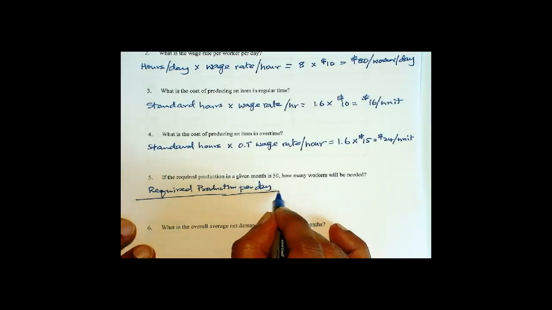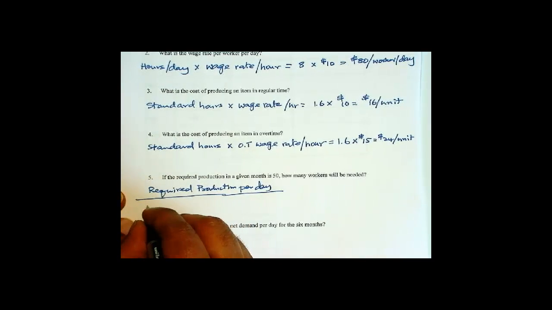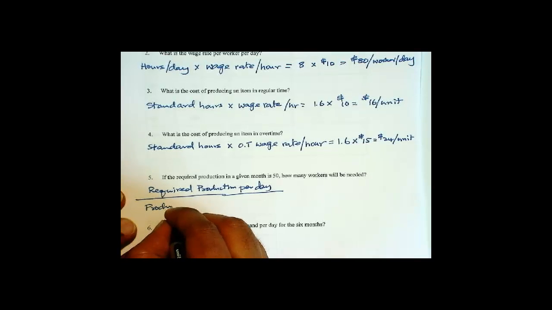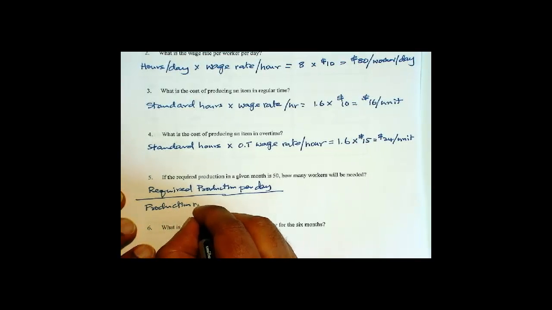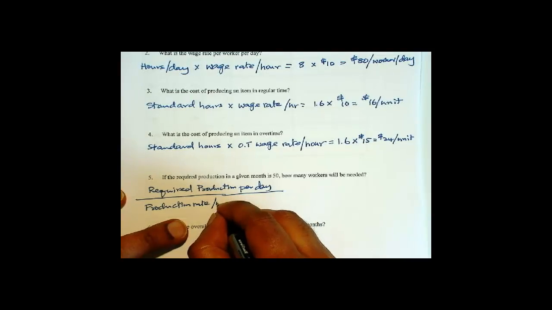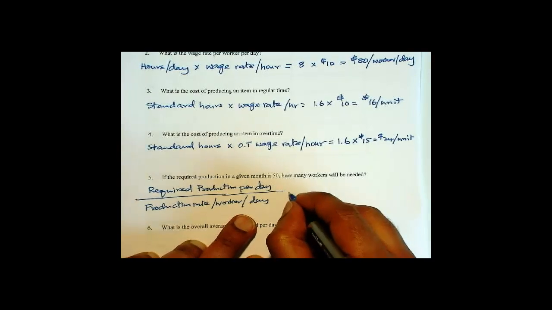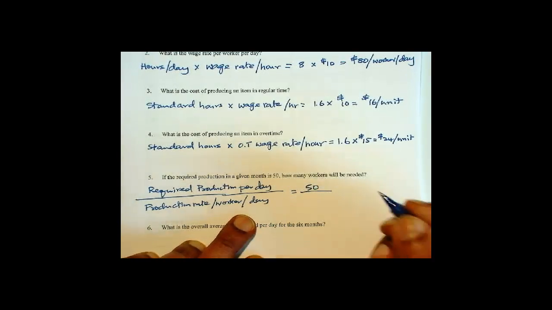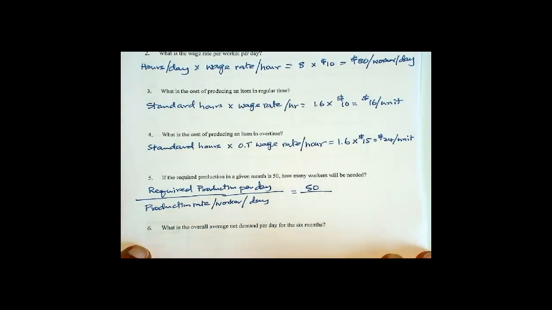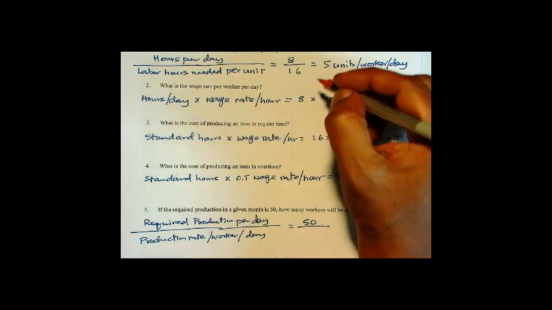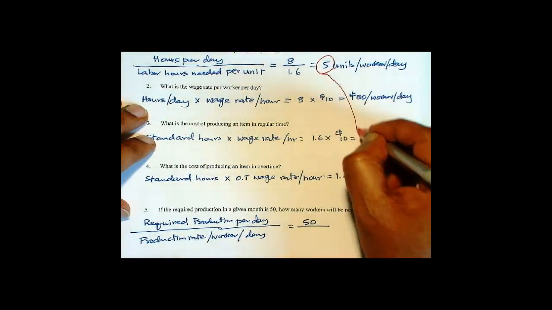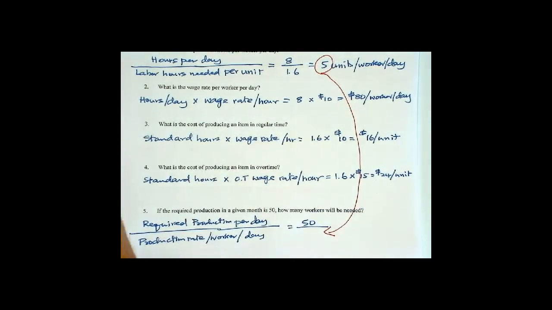So divided by production rate per worker per day. How many units will one worker produce per day? So that is 50 divided by the production rate per worker we computed in the first problem. So we'll use that over here. So we'll need 10 workers.